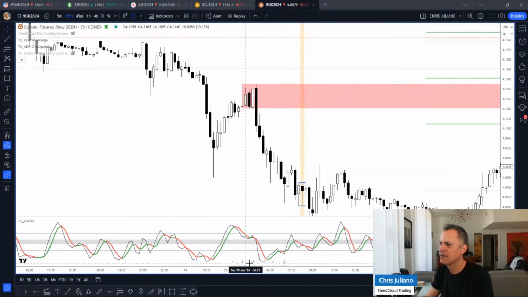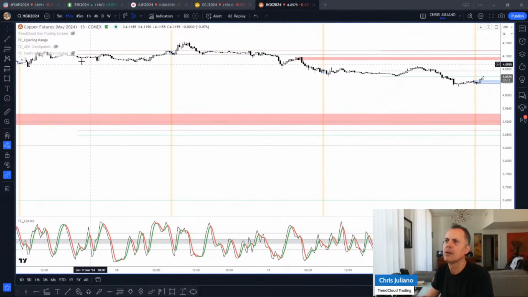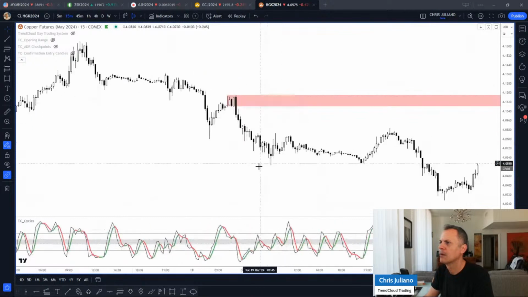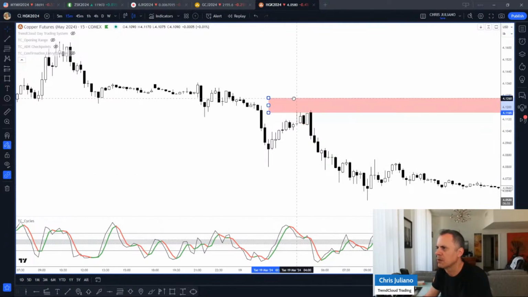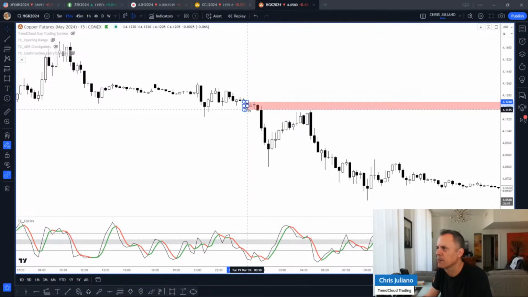These small candles here. And that's not very powerful looking, is it? You know, rally, base, drop, maybe, right? That right there.